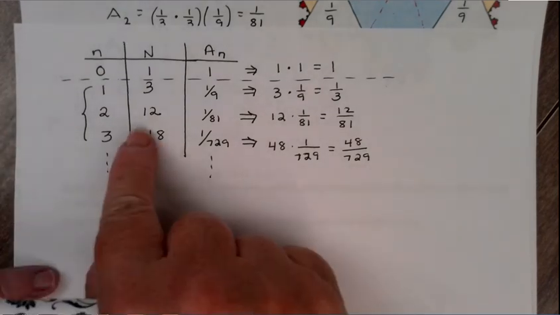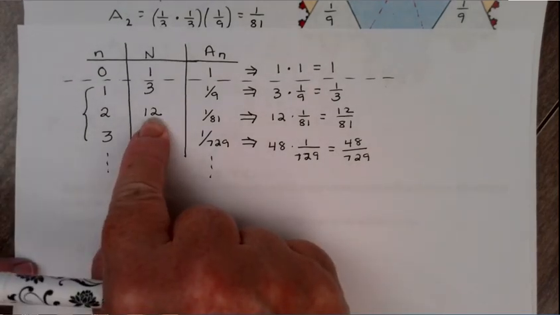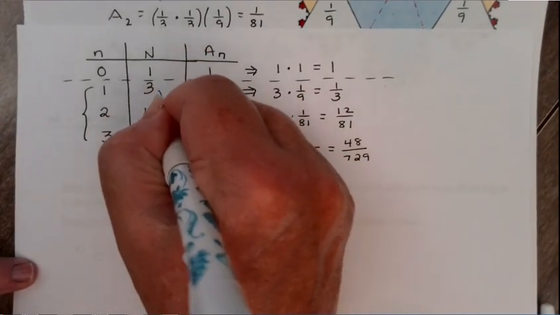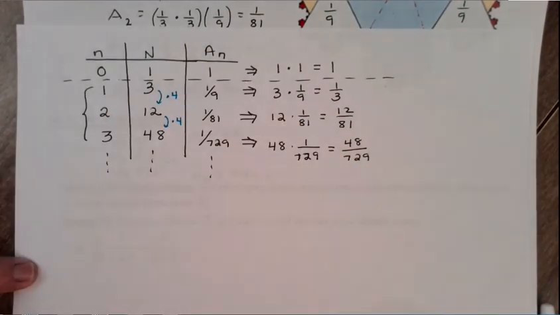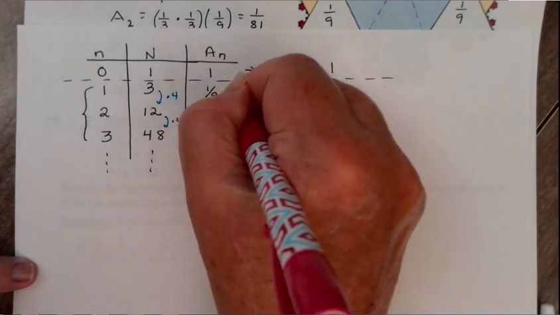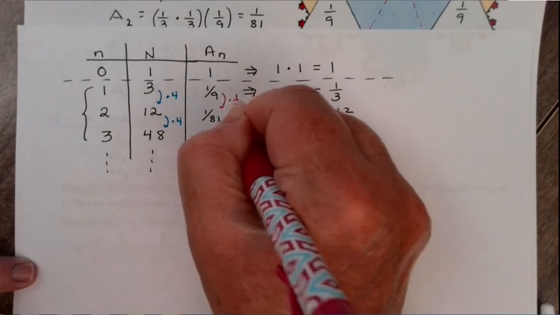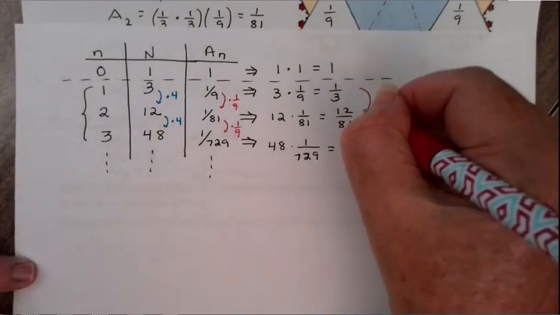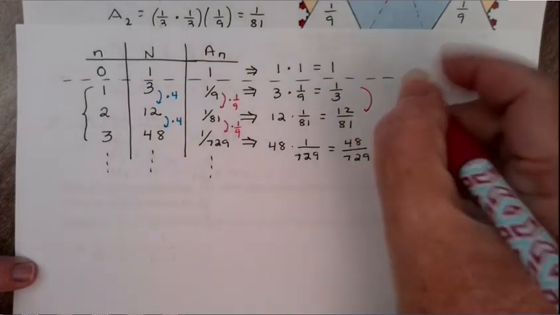These were all multiplied by 4, times 4, times 4. And these were multiplied by 1/9. Therefore, these better be multiplied by 4/9.